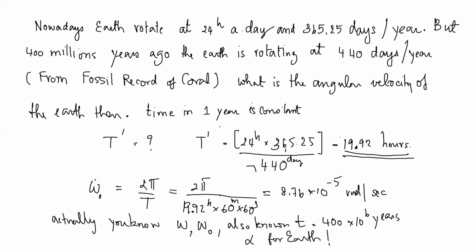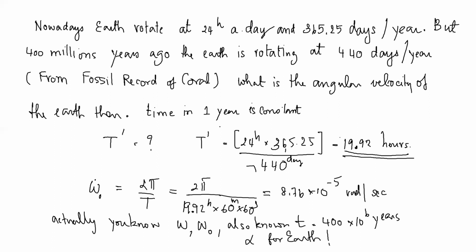And if we assume that that is the initial angular velocity, omega 0, you get 2 pi over T, or 2 pi over 19.92 hours times 60 times 60 seconds. It turned out to be 8.76 times 10 to the minus 5 radian per second.